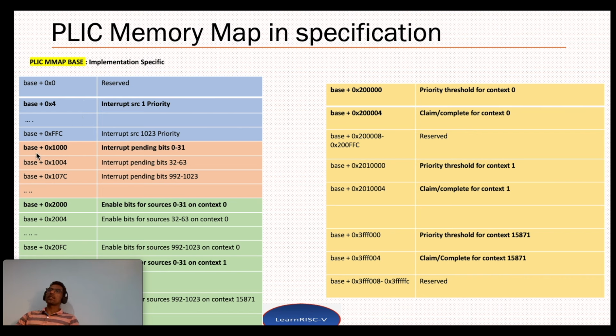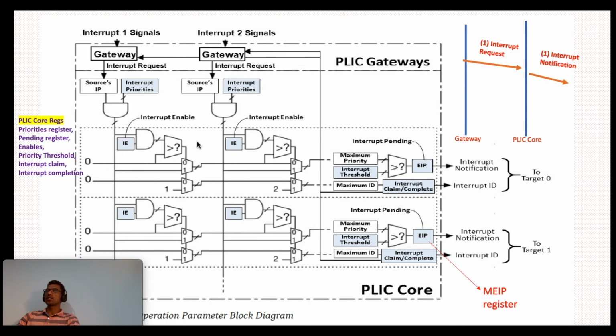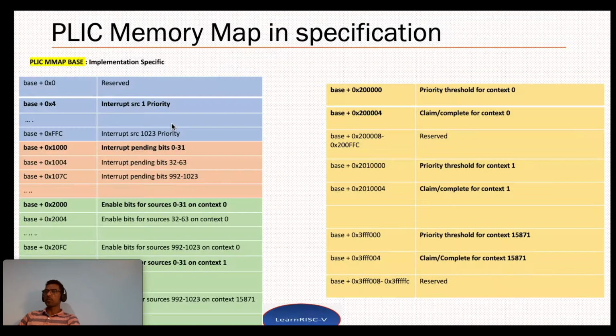And the base plus this offset should be used for the interrupt pending bits for the sources, and the base plus 0x2000 offset is for the enable bits and interrupt enables.